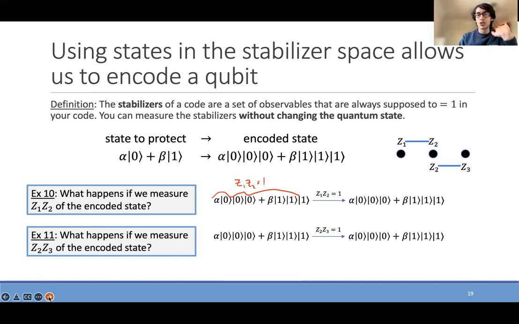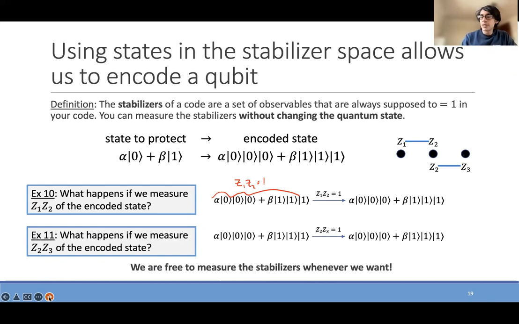So nothing happens. And so what this is telling us is, okay, we have this encoded state, it's alpha 000 plus beta 111. But as long as we're only measuring Z1, Z2, and Z2, Z3, we don't collapse the state. We're free to just keep measuring them as often as we want, and we don't destroy our information.